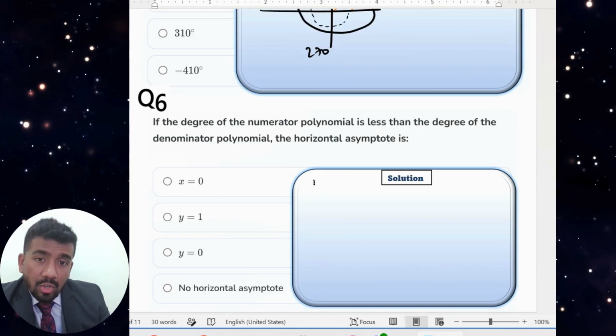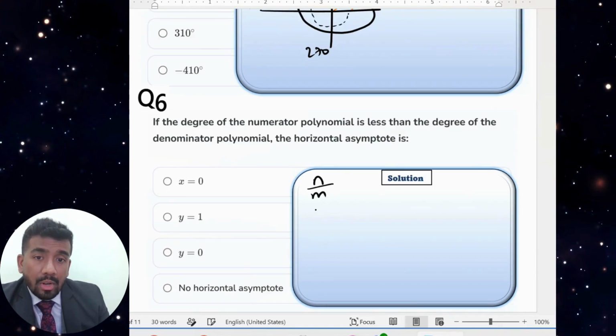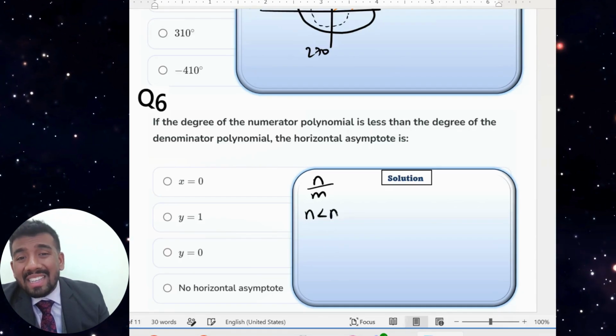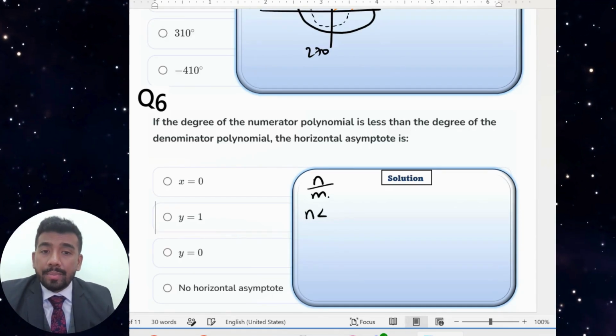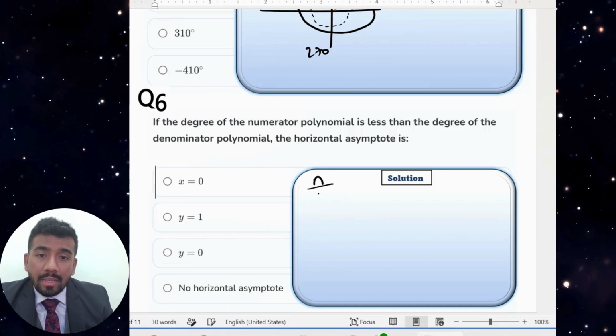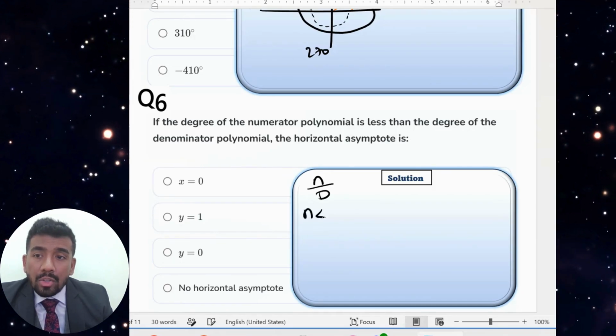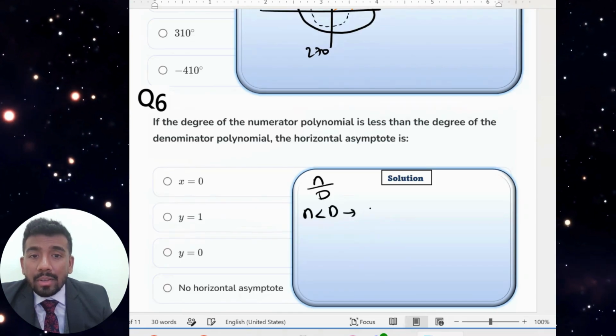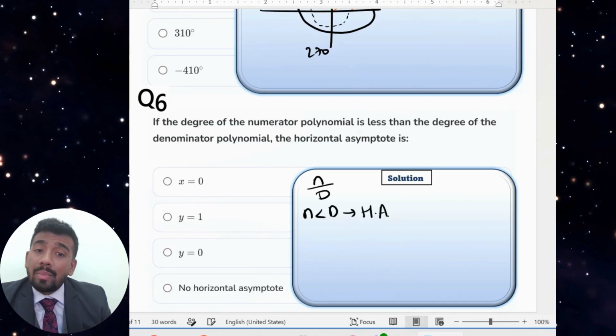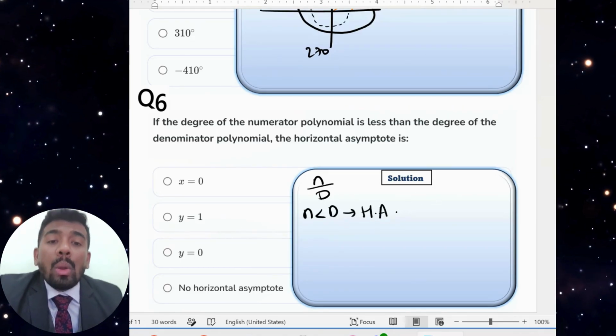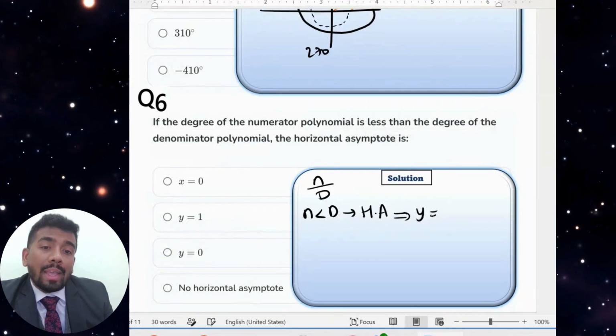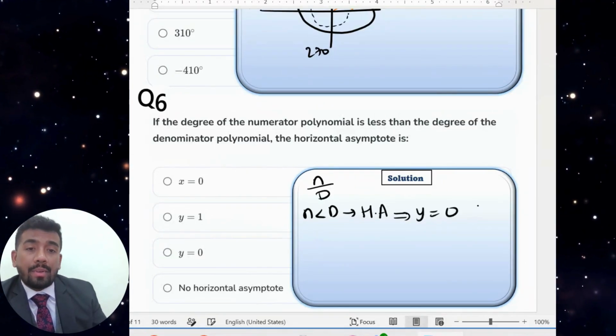Whenever this is your numerator and this is your denominator, if the numerator is less than the denominator, let it be d instead of m, it's better d. So if the numerator is less than the denominator, your horizontal asymptote, let me say HA, will be at y equal 0. What's y equal 0?